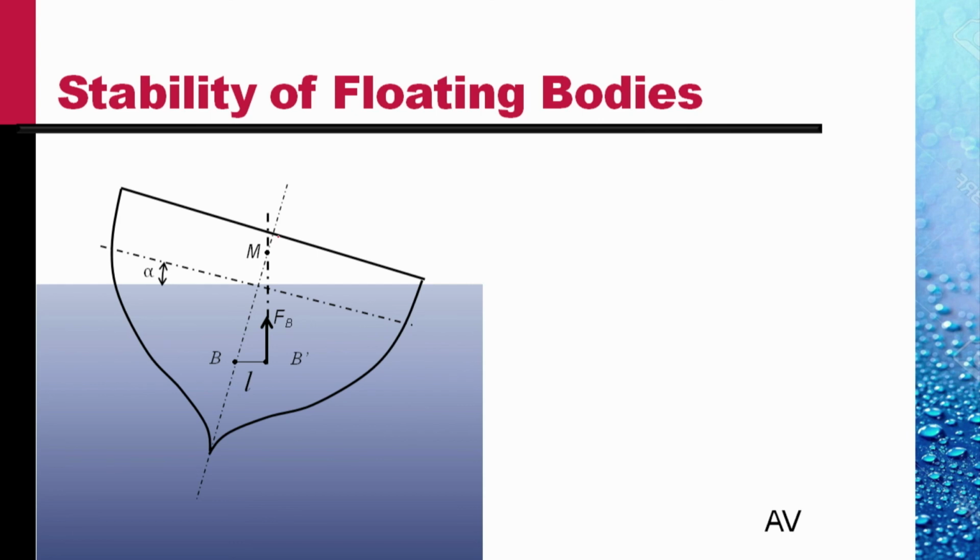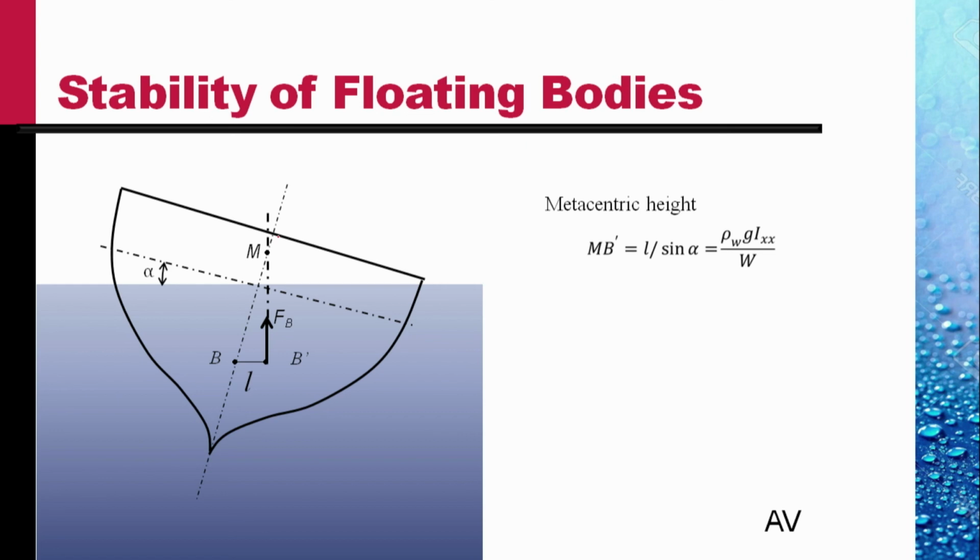It is called the metacentric height, the distance between the center of buoyancy B of the ship in the normal orientation and this point M. Clearly, BM distance is L divided by sine alpha, and so it is rho w g Ixx divided by W.